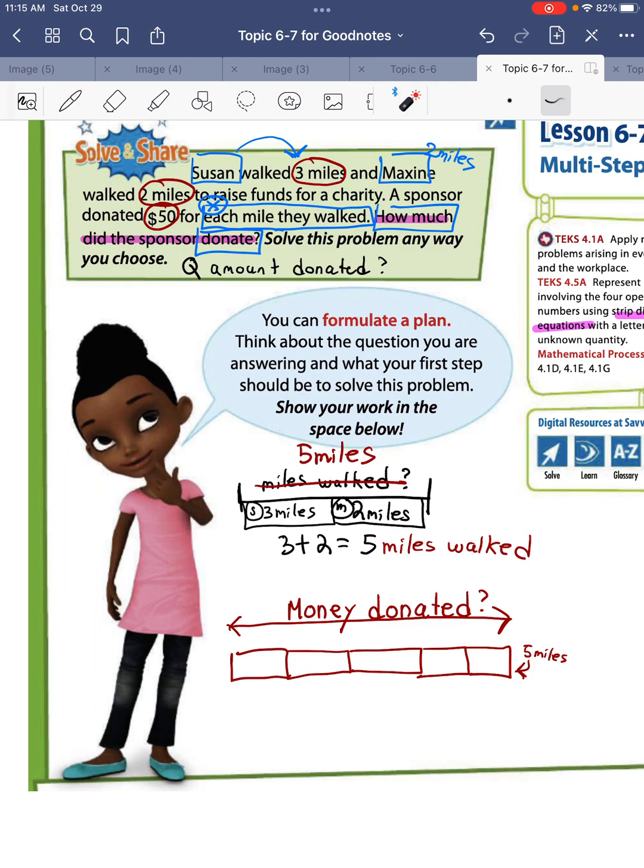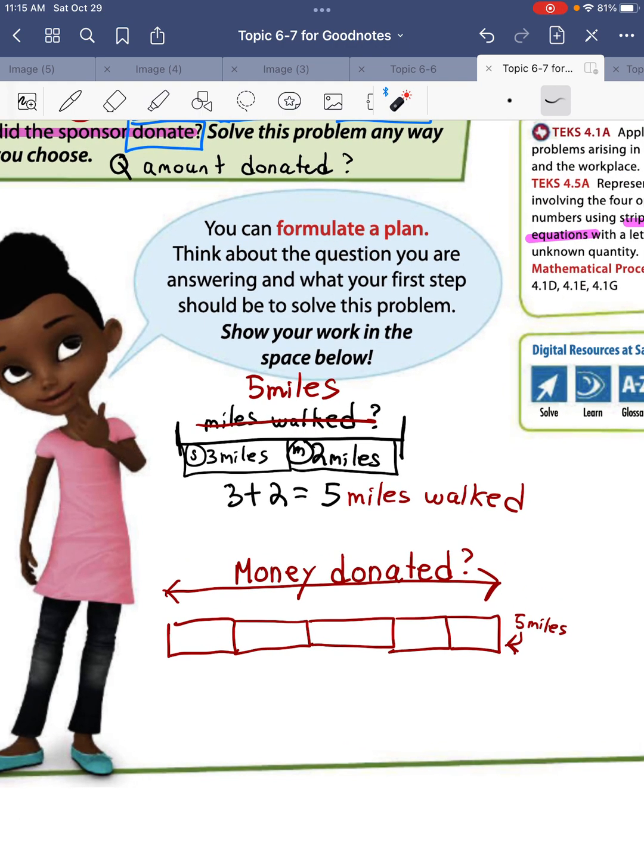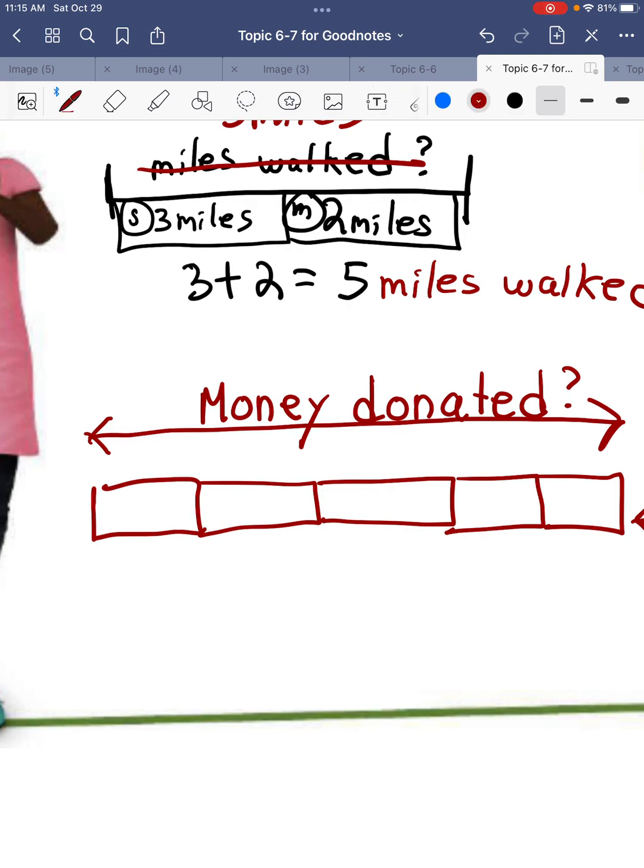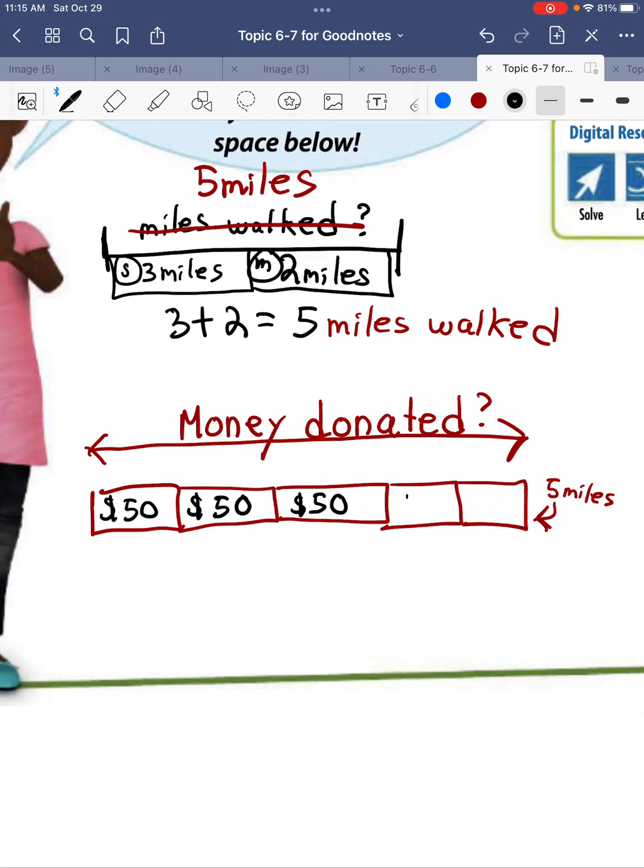And it says that a sponsor donated $50 for each mile they walked. So that means 1 mile, they get $50. Another mile, $50. Another mile, $50. Another mile, $50. And another mile, $50.